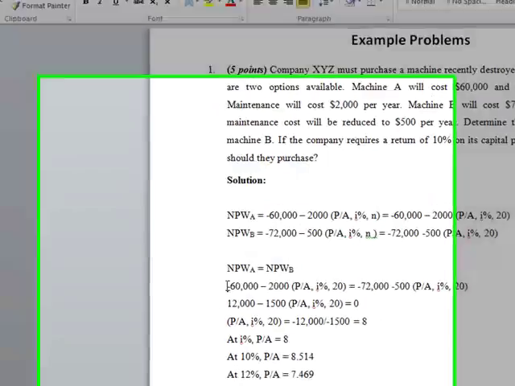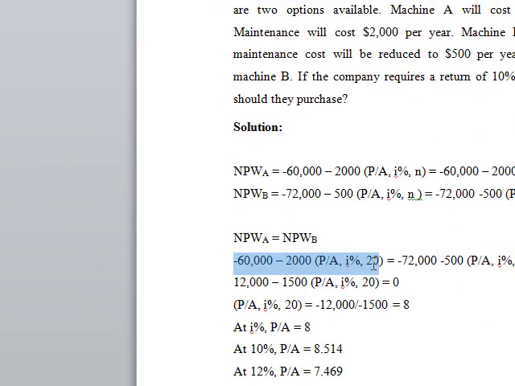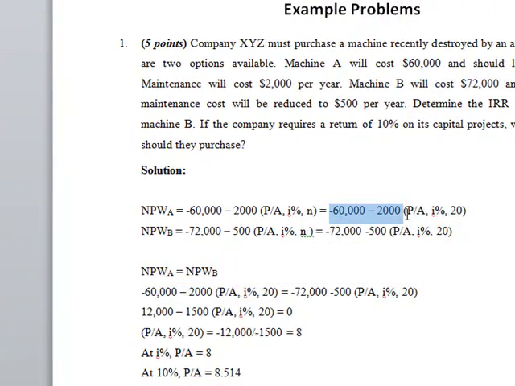So that is equal to minus, I copy-pasted this expression from there to here, and on the right side I have NPW, net present worth for B, right? Then we need to solve this equation further. Minus 60,000, we can take this 72,000 to the other side.